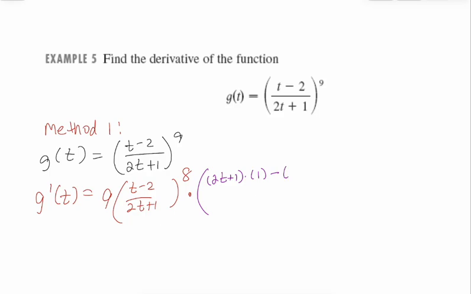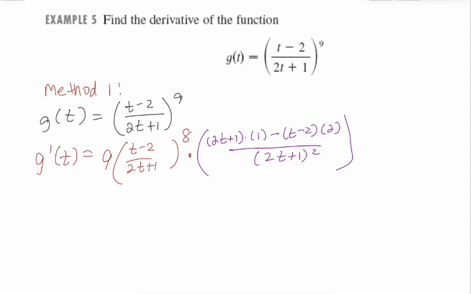Bottom times derivative of the top minus top times the derivative of the bottom all over the bottom squared. So that is a perfectly acceptable method. Go for it. Yay, that's your derivative. Wonderful, fabulous, great.